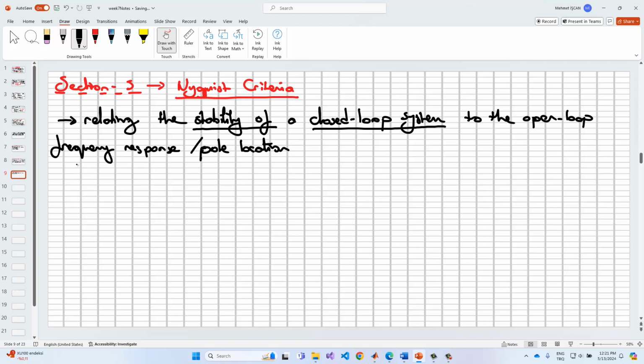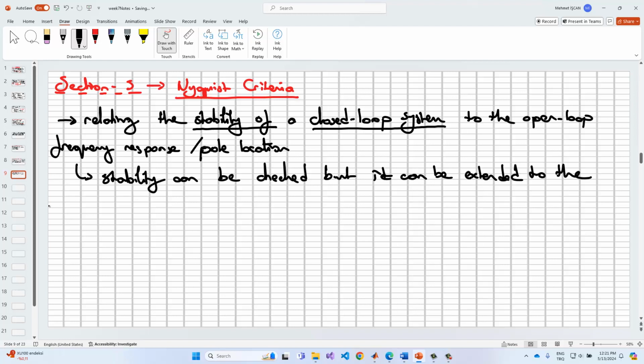Okay, and so stability can be checked, but it can be extended to the transient or steady state properties of the response.